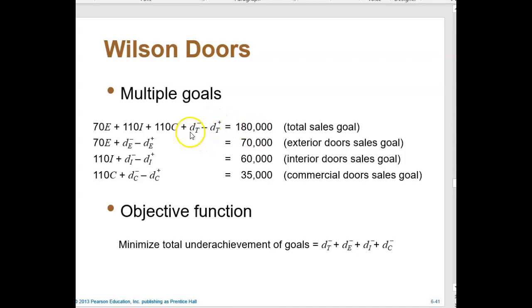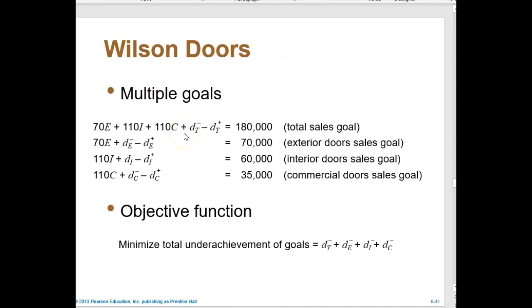Now, notice that we've added the deviation variables in this equation to the left-hand side. The reason for that is by adding these deviation variables, we are allowing the left-hand side to have a value either greater than 180,000 or less than 180,000. So it's not like a constraint equation. Instead, by using these deviation variables, we are allowing our goal to be unmet or overmet by the certain amount that these deviation variables represent.